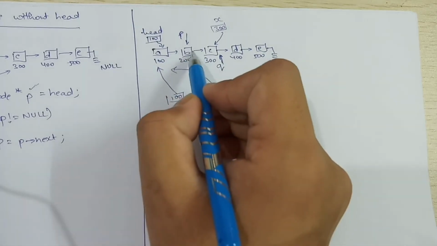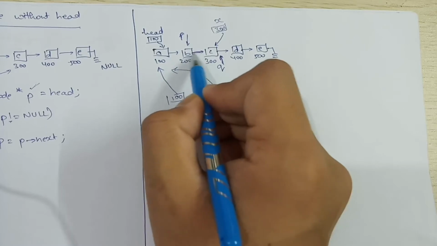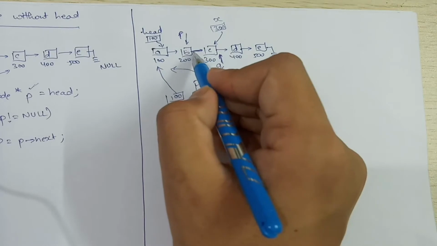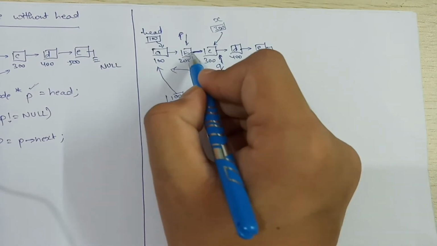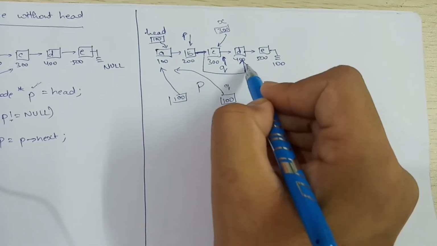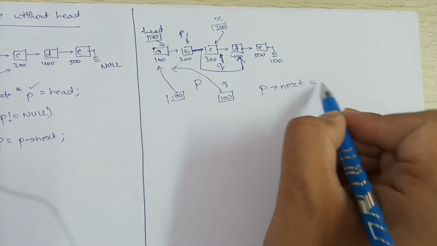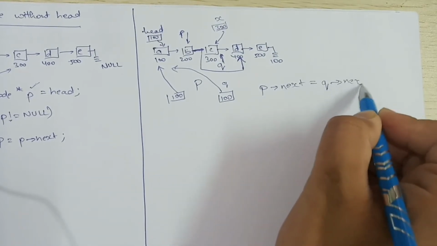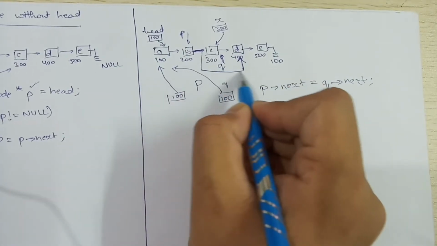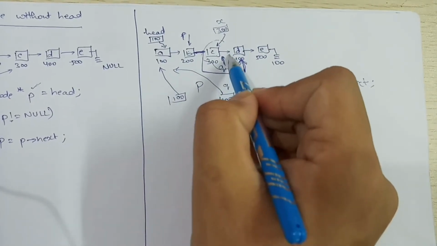Now you can assign the value of q's next to p's next. So you write p's next is equal to q's next. When you write this, the pointer of this node will start pointing to the next node, and this is how the breakage took place.